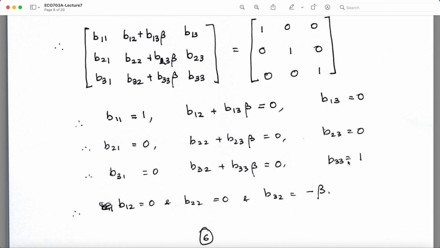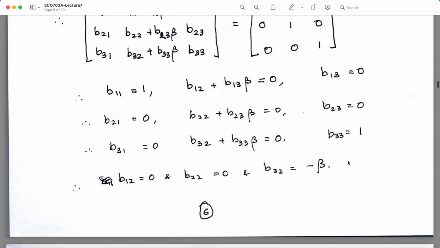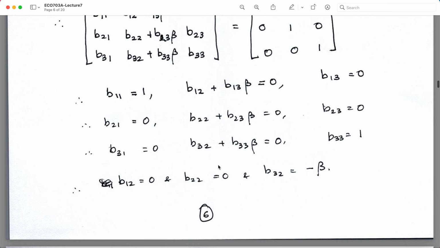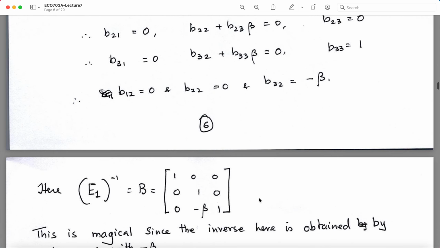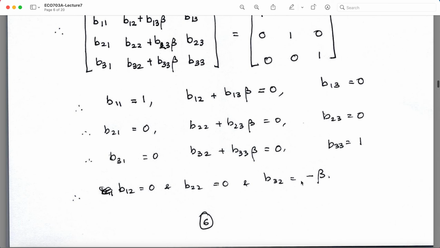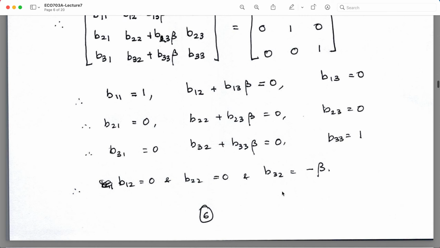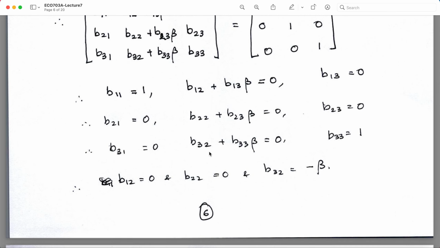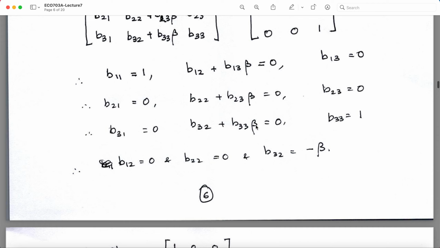What would happen here? How do I find all the inverses? B11 is 1 that you have stored up. B33 is 1 that you have stored up. Now, if B33 is 1, B32 plus B33 is 1, so you'll get B32 is equal to minus beta.